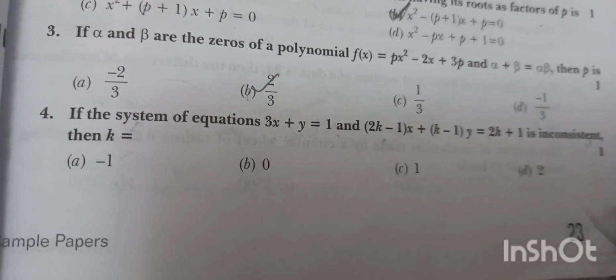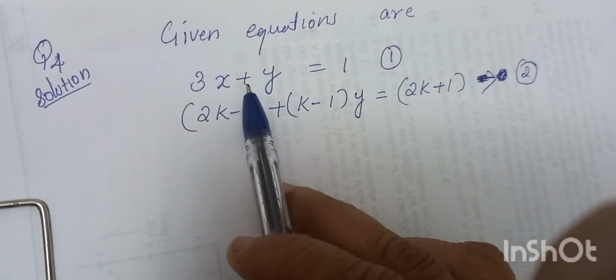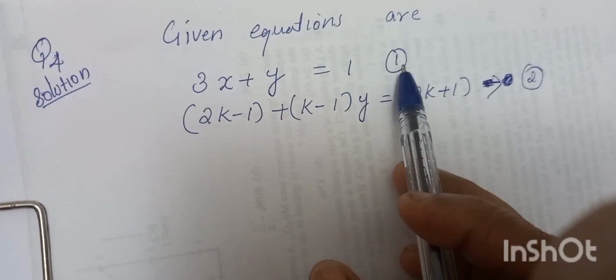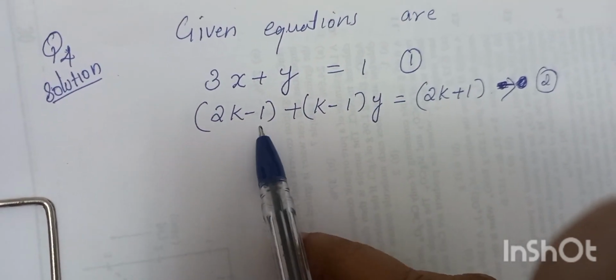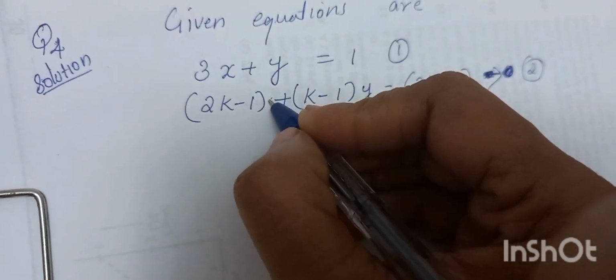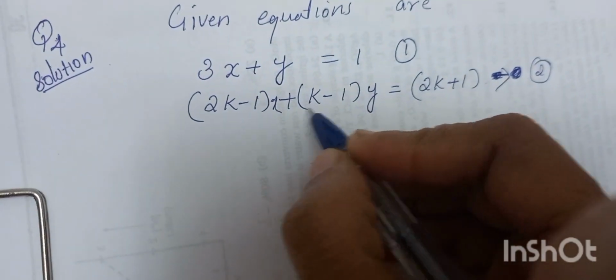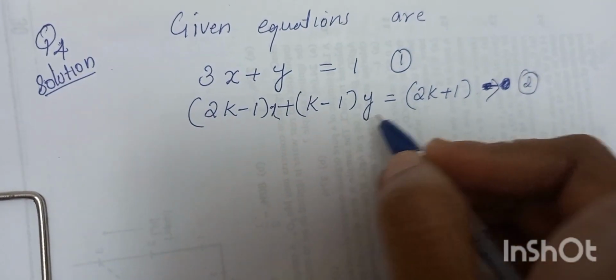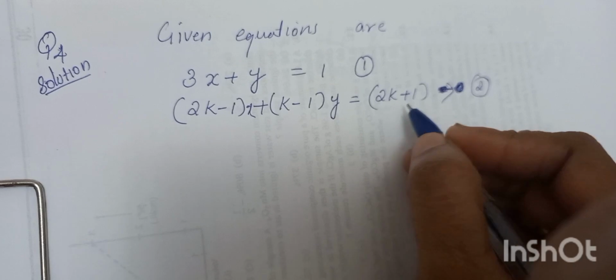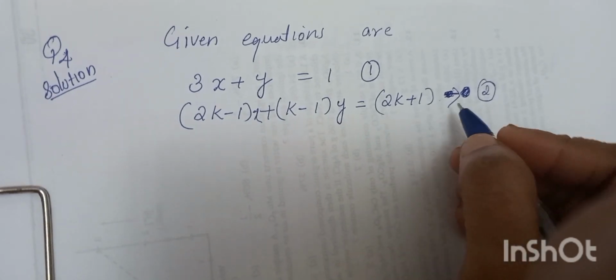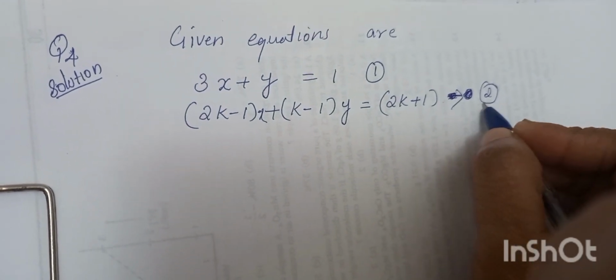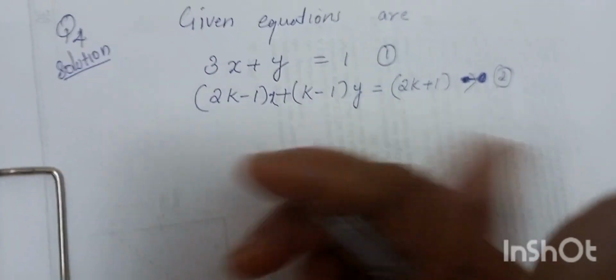Let's do the problem. Equations are 3x plus y is equal to 1, equation number 1, and (2k minus 1)x plus (k minus 1)y is equal to 2k plus 1, this is equation number 2. We have to write this in standard form.